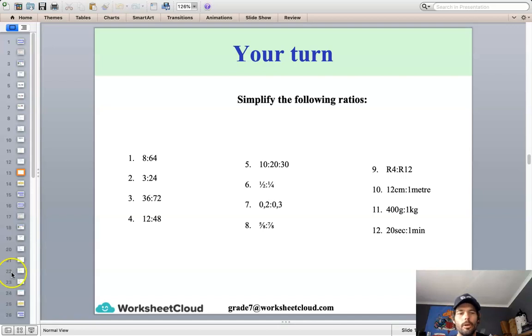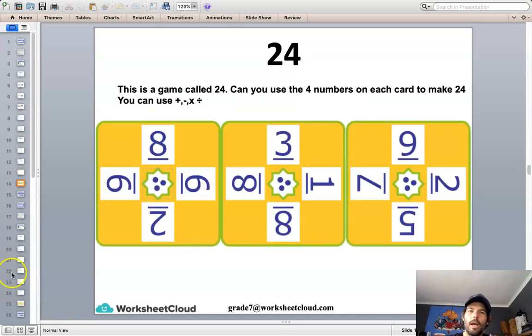Okay, guys, so that leads us on to our challenger for today. But while you're having a look at your screen and starting to calculate 24 using all the 4 numbers and a combination of the operational signs, please go back and have a look at simplifying ratios. Really important concept to understand, very similar to simplifying fractions.